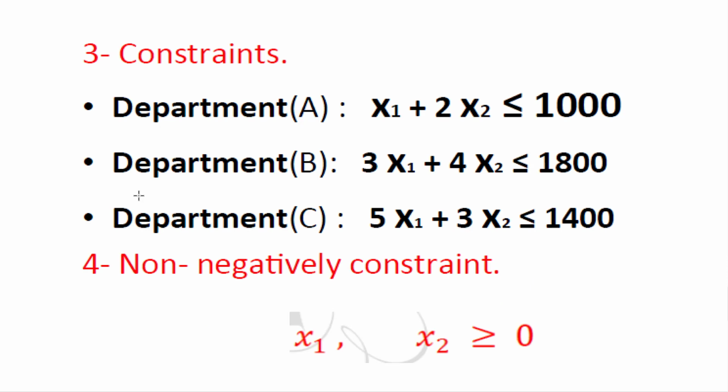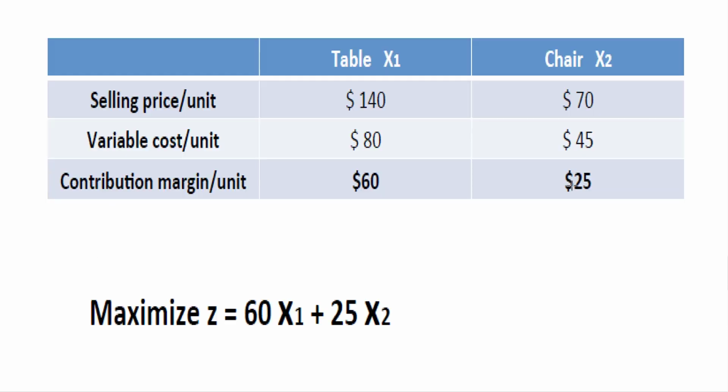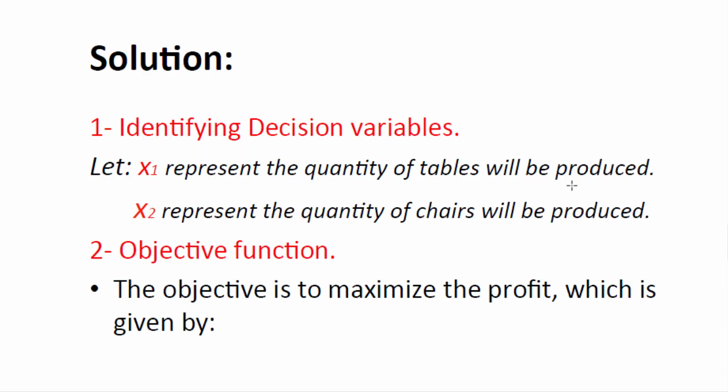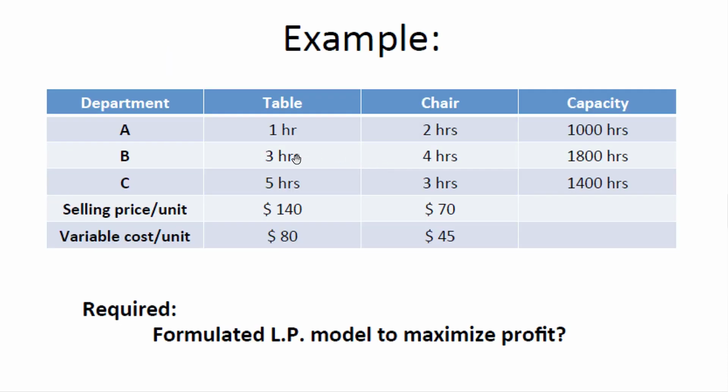Second constraint, for department B, 3x1 plus 4x2 less than or equal to 1800. Again, 3x1 plus 4x2 less than or equal to 1800.